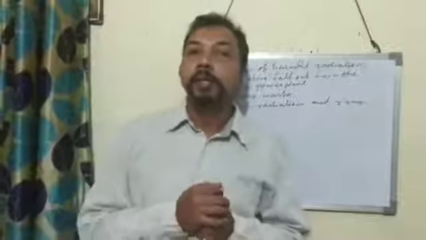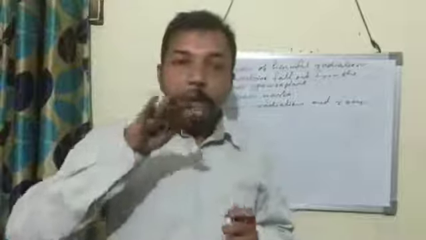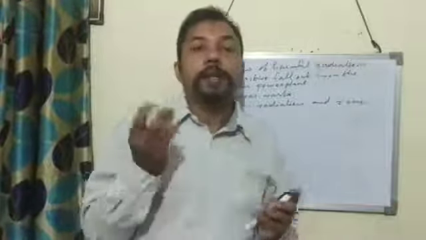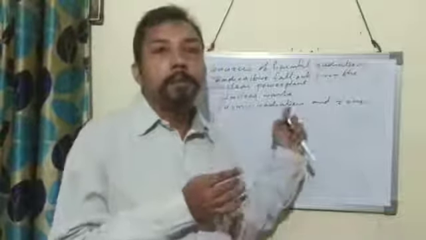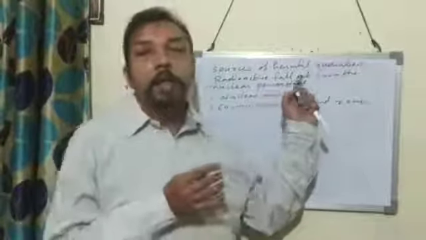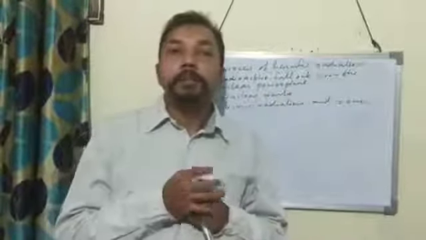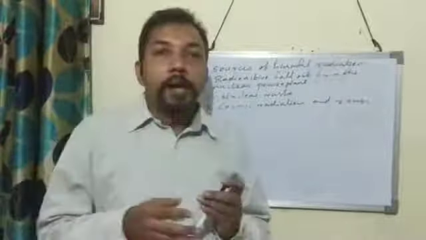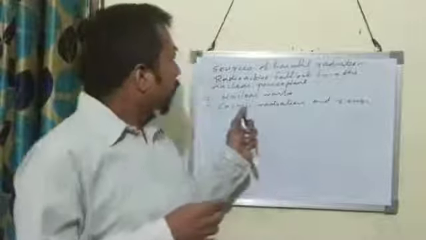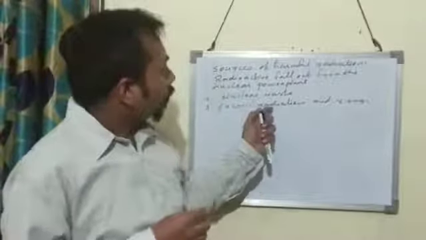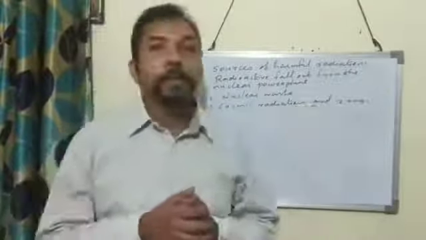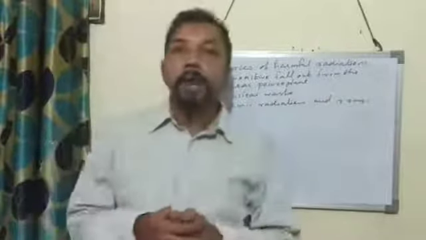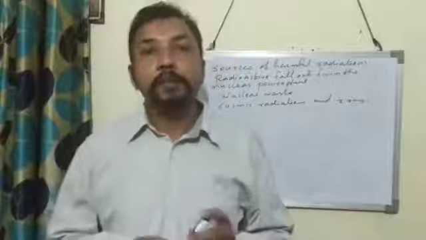Even if it loses the radioactivity, still there can be emission of this alpha, beta, and gamma emission in a slow rate. That is also harmful. And in the environment also, radiations like cosmic radiation and X-rays are present. These are all some of the sources of harmful radiations.